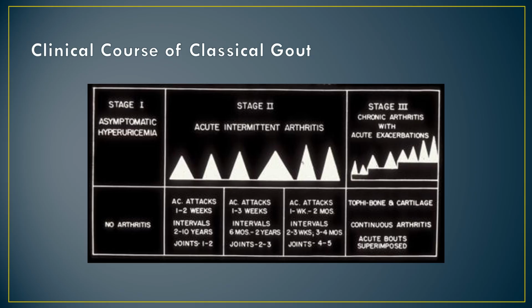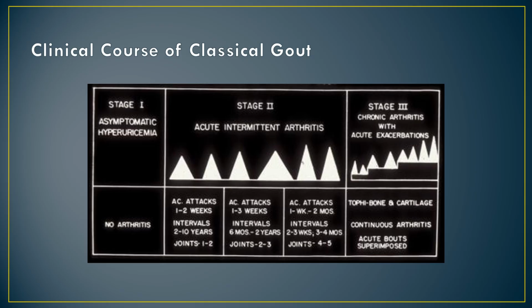It's almost like the gout flares are stacked on top of each other. This usually means that the intensity of the flare may not be quite as strong as when they originally had the gout, but now it's just much more persistent and doesn't go away.